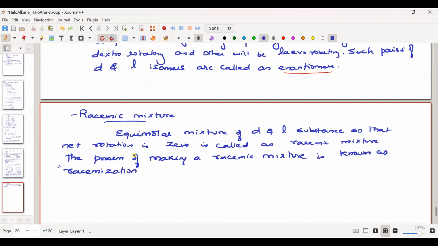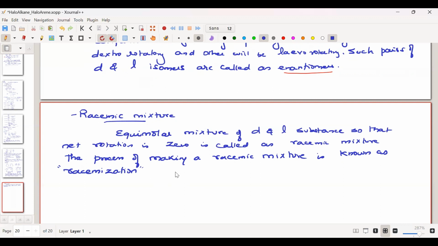Racemization means you are creating a racemic mixture. So what are you doing? You are taking enantiomers, which are optically active stereoisomers, one dextrorotatory, one levorotatory. You take them equally and bring the net rotation to 0. If you do that, it is known as a racemic mixture.